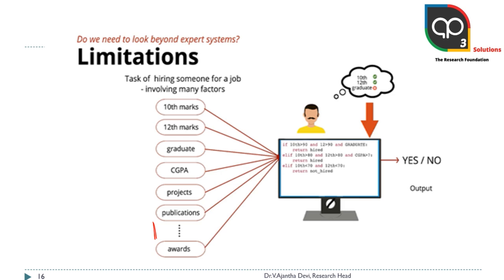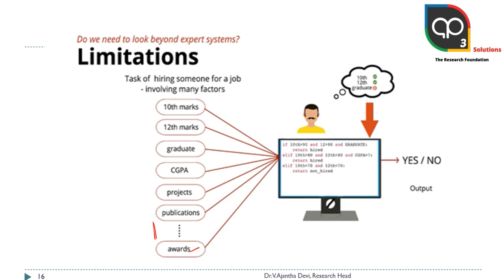There might be many other factors, like whether the person has any publication in the past, which programming languages he or she is comfortable with, how many years he or she has been programming, what database systems they know, or any awards they have received in the past, whether from an organization, a client, or academic institutes, and so on. There are so many other factors on which you would like to base your decision.